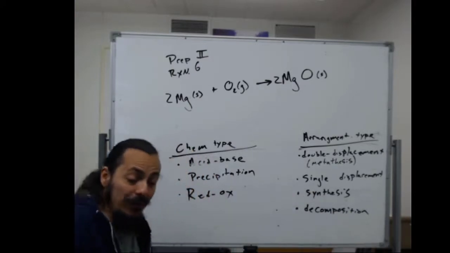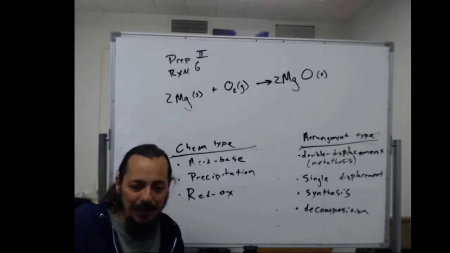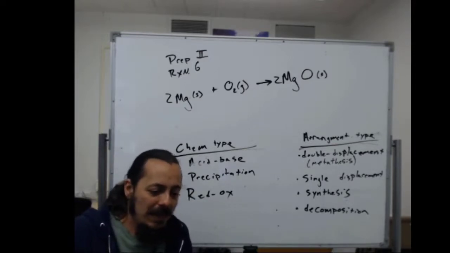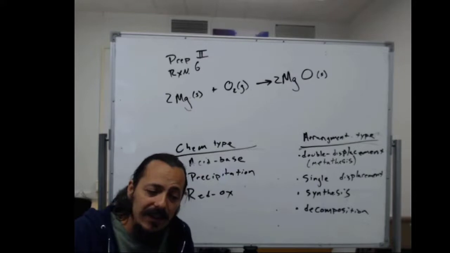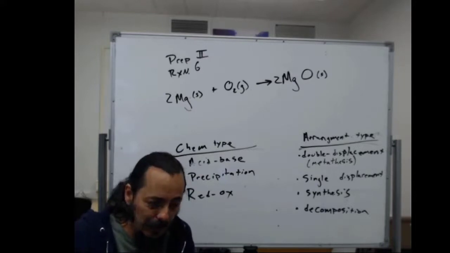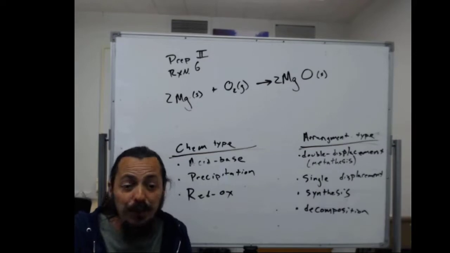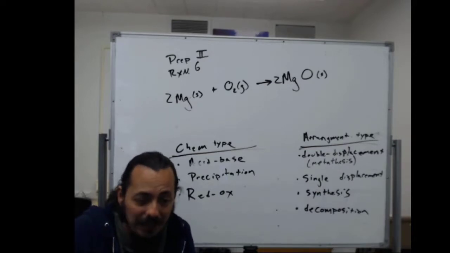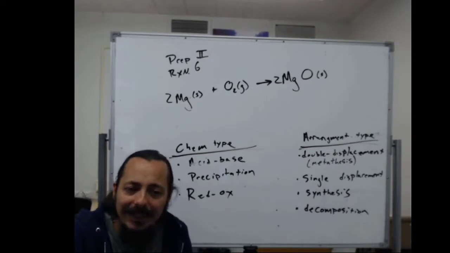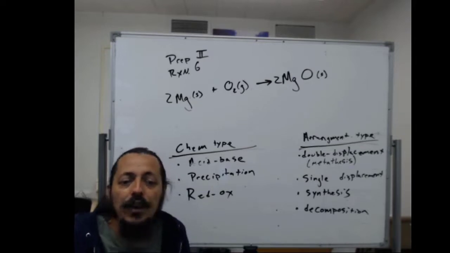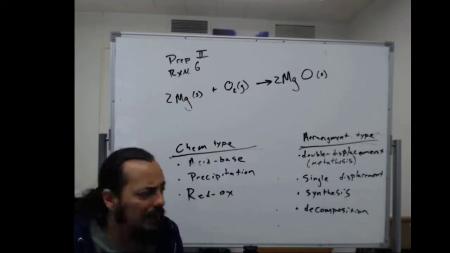Magnesium is really interesting in the way it burns. It burns incredibly hot, and once it starts burning, it can actually burn underwater. It produces enough heat that essentially creates a boiling area of water around it and can keep burning, just with the oxygen that's dissolved in water.